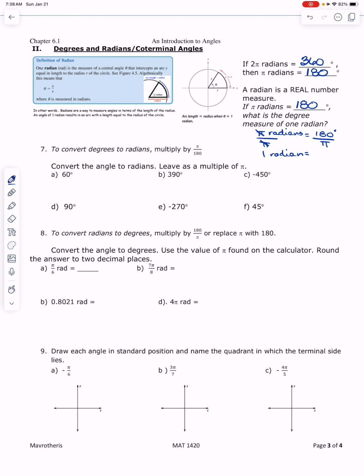Once we plug this into a calculator, and let's go with the squiggles, we're talking roughly 57.3 degrees. Do we use that fact? No, not very often. But it's there in case you see a need.